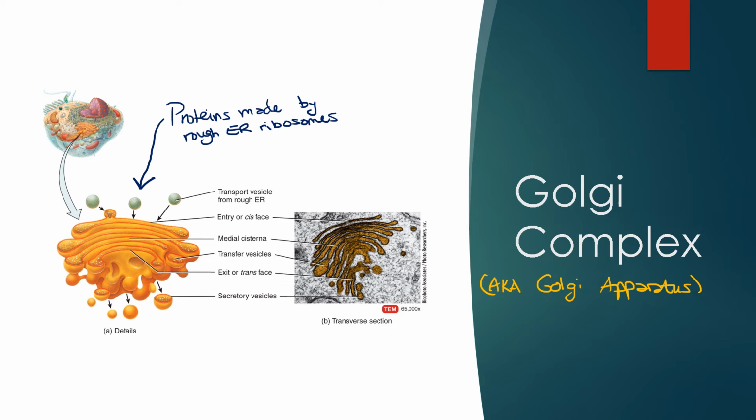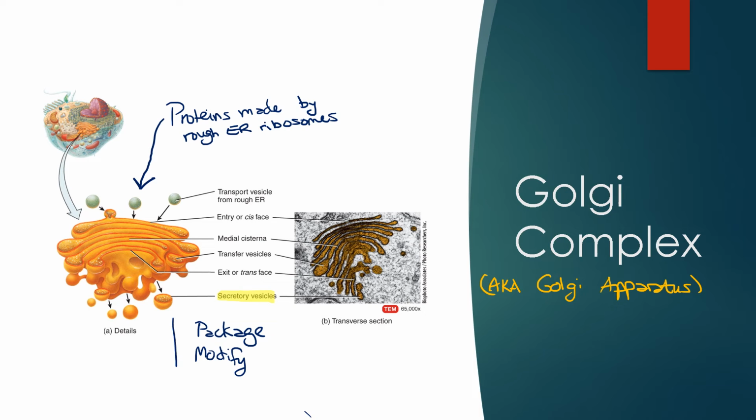Now the Golgi complex has a couple of functions. What it mostly does is package proteins into nice little vesicles. We can see these here. And it's also going to modify proteins.